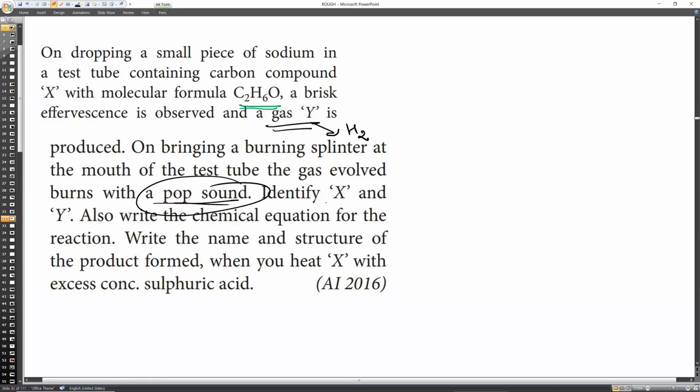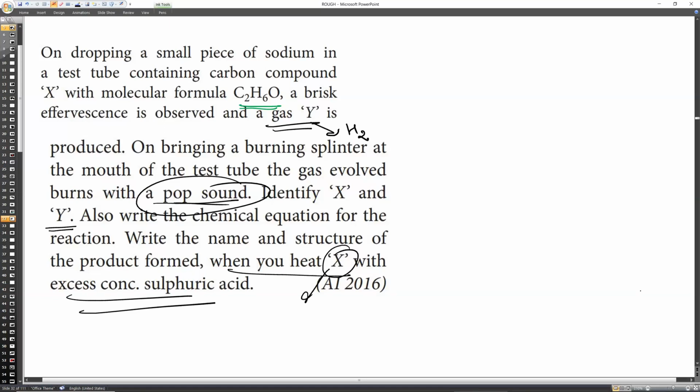Identify X and Y, write the chemical equation for the reaction, and write the name and the structure of the product formed when you heat X with concentrated sulfuric acid.